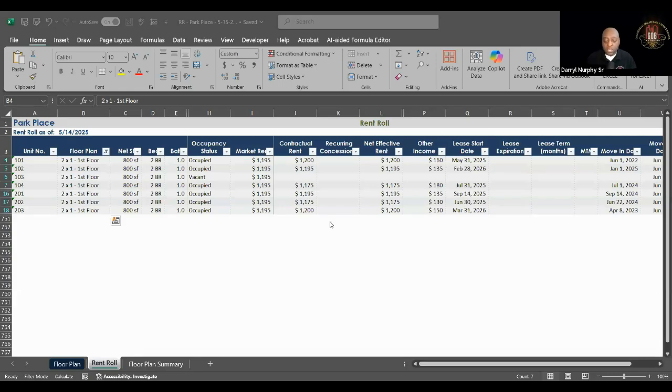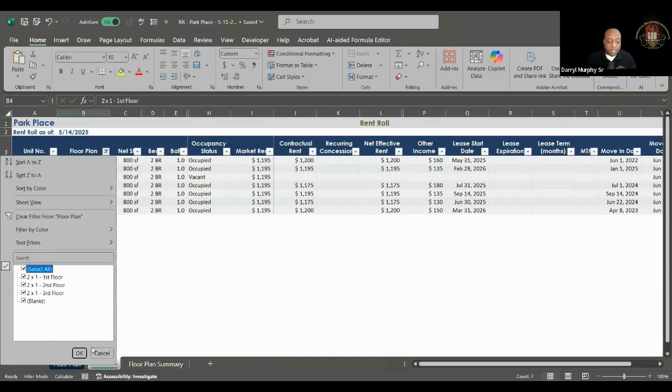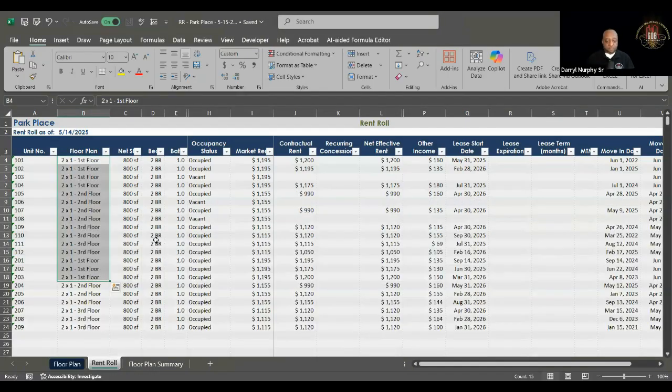Okay, let's put them all back. There we go. So this particular rent roll, it says May 14th, 2025. So according to what I said, we should get a thumbs up, correct?